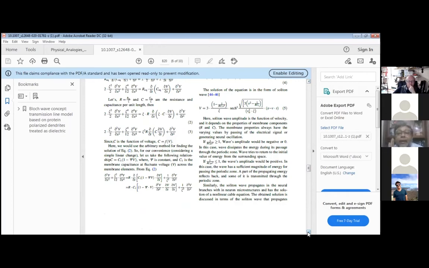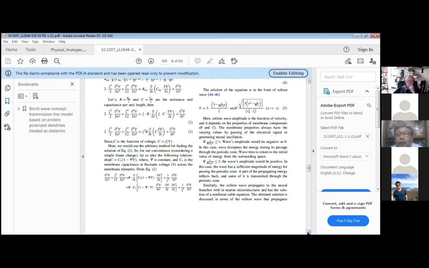In this case the wave dissipates the energy during its passage through the periodic zone. The wave tries to return to the initial value of energy from the surrounding space. If it is less than or equal to 1, the wave's amplitude would be positive. In that case, the wave has sufficient magnitude of energy for passing the periodic zone. A part of the propagating energy reflects back, and some of it is transmitted through the periodic zone.